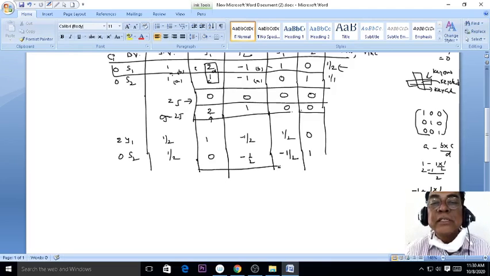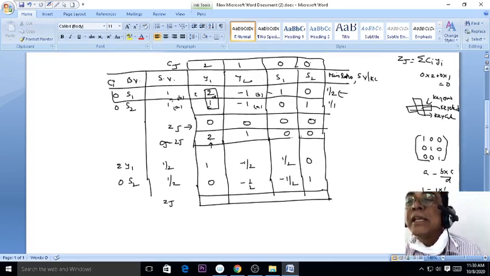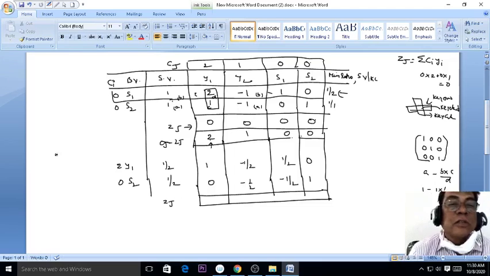The next value is ZJ. Same thing. What are the ZJ formula? ZJ means this is the ZJ values. Understand? So ZJ means using formula, ZJ is nothing but sigma C into Y. So it means that 2 into 1 plus 0 into 0.